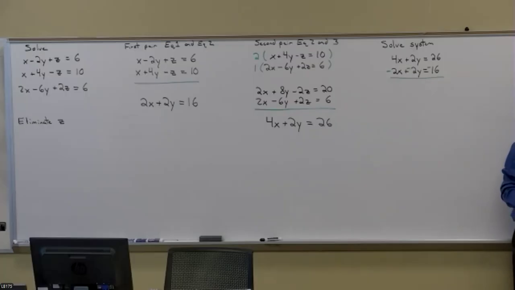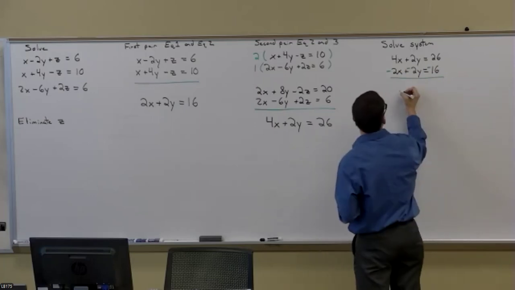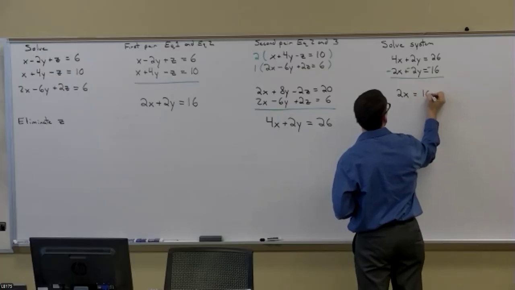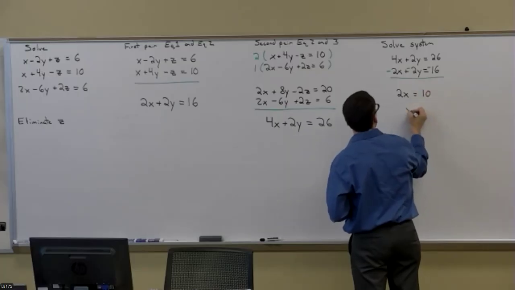I see that? I could have multiplied -1 across every term on the first equation as well. Adding those up gives you 2x is equal to 10. So x is equal to 5.